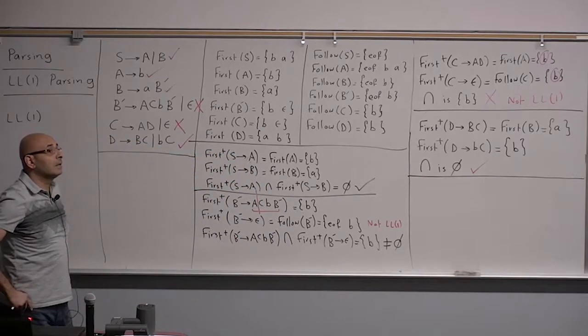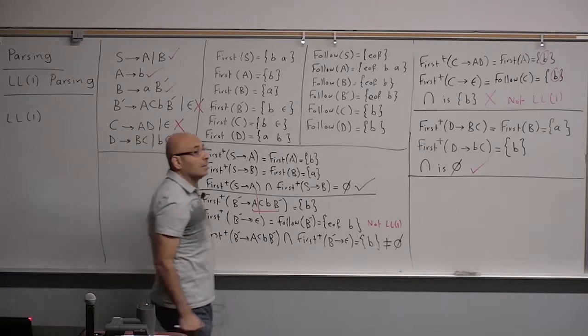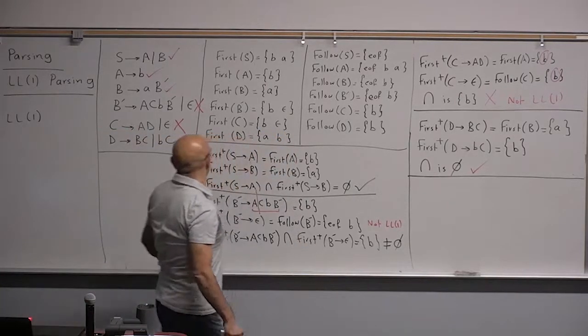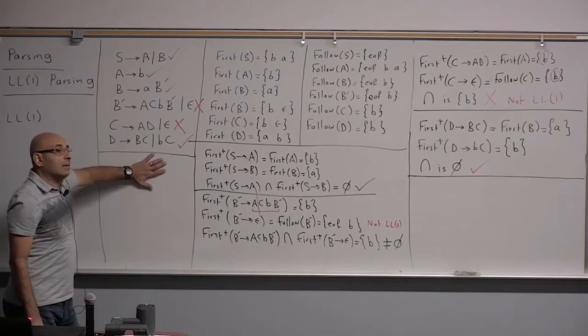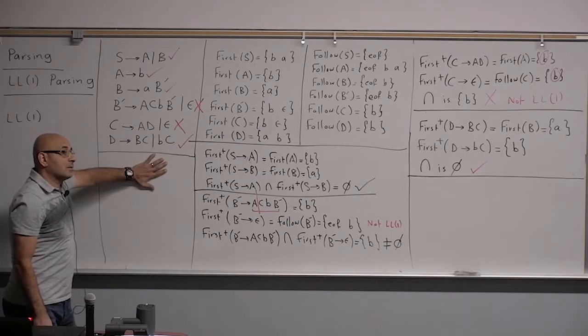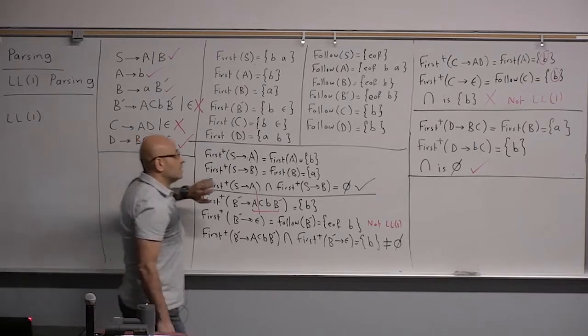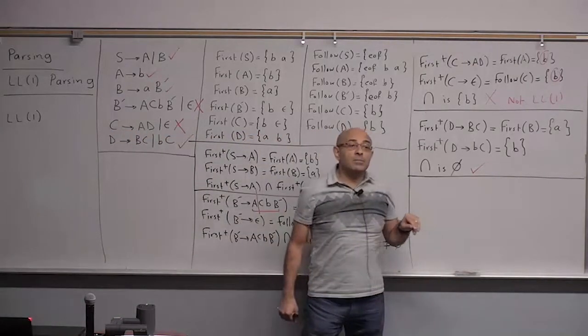Yes, I have one question. I remember in the last lecture you said that if it wasn't LL1, we could rearrange it to become LL1. I know this is a bad example, but let's say we had some grammar and did this algorithm. I didn't say that we can restructure it so that it's LL1. I said we may be able to.